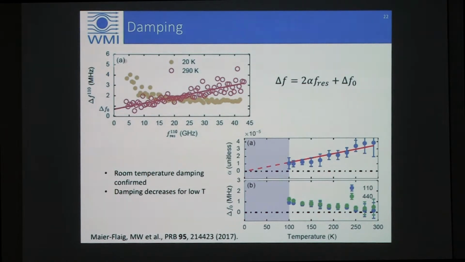Then you can also look at the inhomogeneous broadening, just this intercept here. You can see it might slightly increase, but that's very difficult to disentangle from the onset of the peak, right, from any slowly relaxing impurities. So it might also be almost temperature independent.